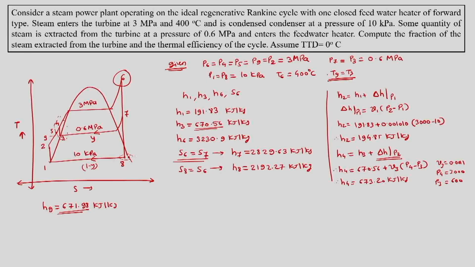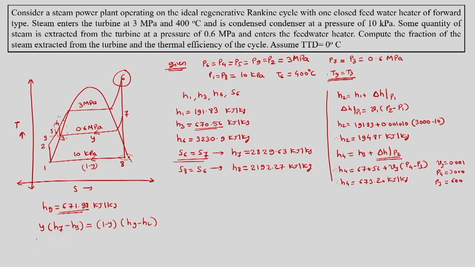So, knowing this, now we can find out the mass fraction extracted. Here, Y amount of mass is losing its enthalpy from H7 to H3 and giving it to 1 minus Y unit of mass to gain its enthalpy from H2 to H9.